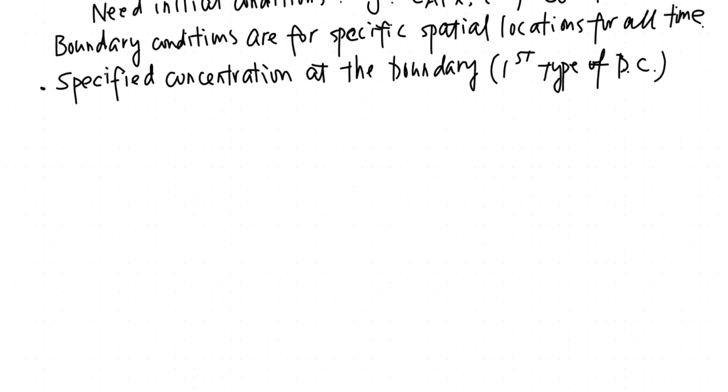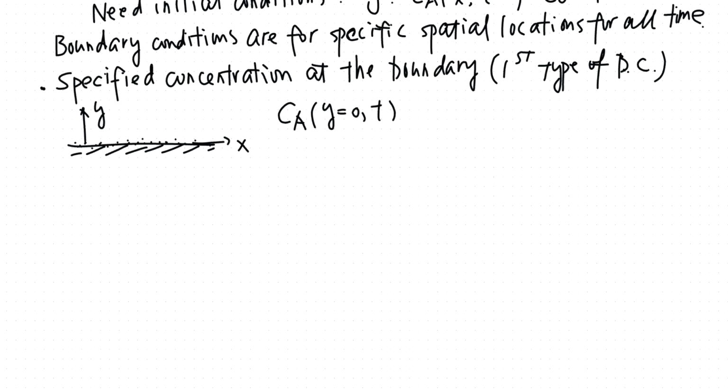This can happen at a surface. For example, on the surface of a plate, you prescribe the concentration. Let this be your X position, this be your Y position. The concentration of solute A at Y equal to 0, on the plate, at all time t is given as CAS, where S means surface.